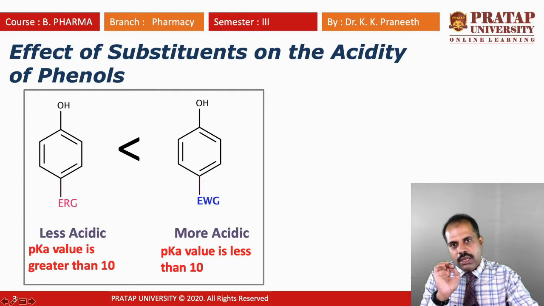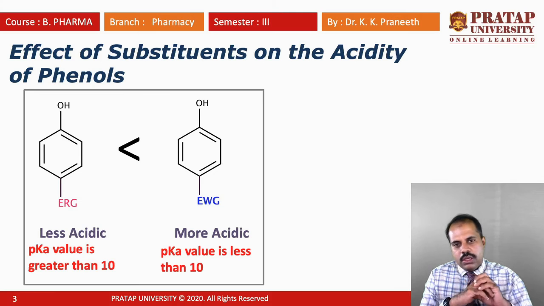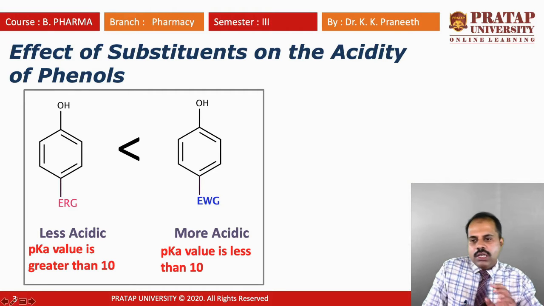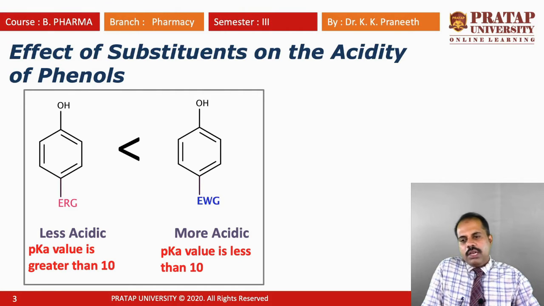This means that if any electron withdrawing group is attached on the phenyl ring, that aromatic ring, it will increase the acidity of the phenol. That means it can release the proton easily, and whichever releases a proton easily is considered more acidic, right? On the other hand, if you have an electron releasing group, the acidity will decrease.